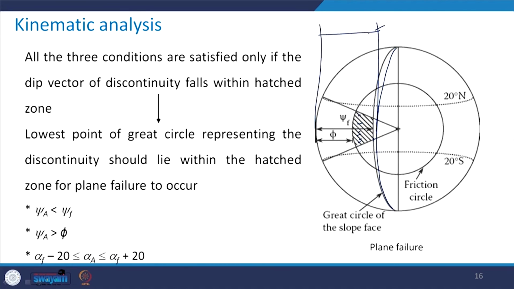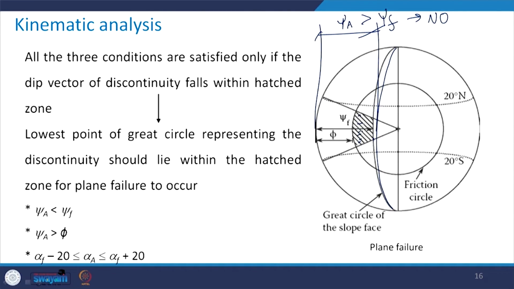This will become psi A, which will become more than psi F, and therefore no plane failure. So, that means it has to be within this hashed zone.